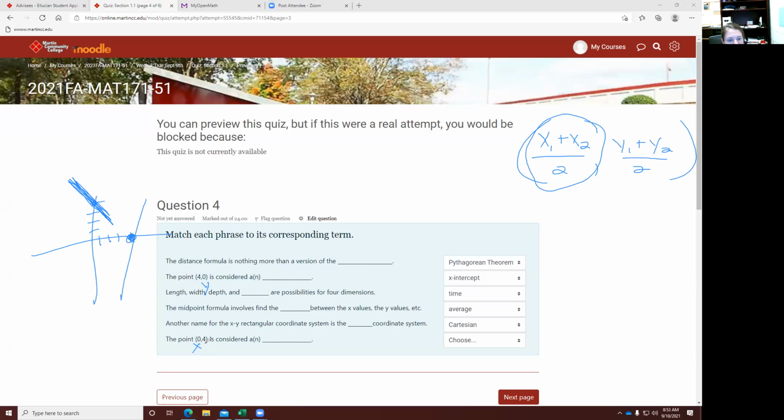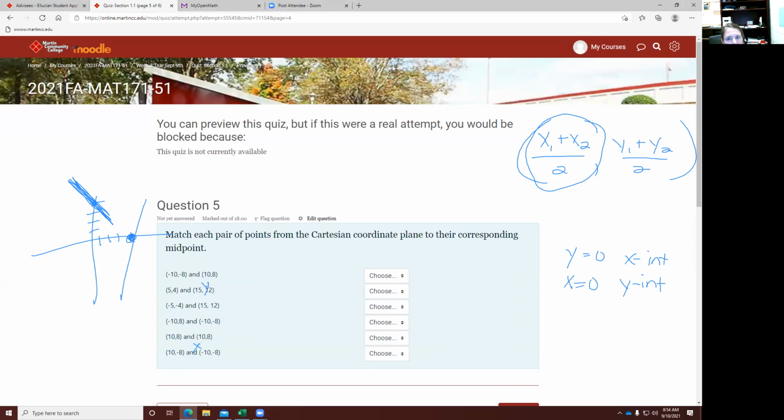Notice x is 0 here. Okay, when x is 0, that's going to be your y-intercept. When y is 0, that's going to be your x-intercept. All right, question 5.